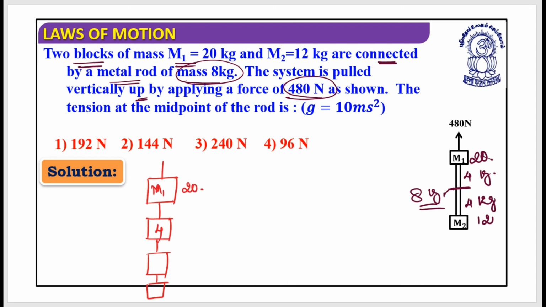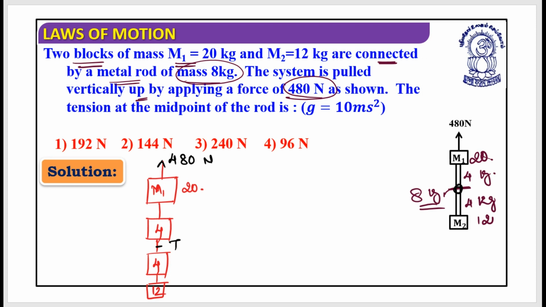This is 4 kg, this is 4 kg, and this is 12 kg. Now at this point you require a tension. Are you clear with this? Great. And this is being pulled by 480 Newton.